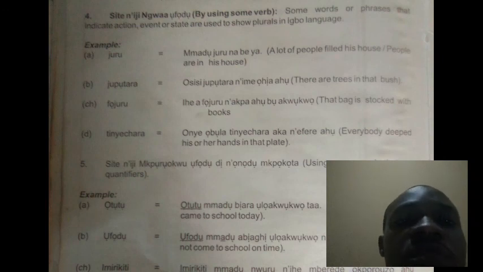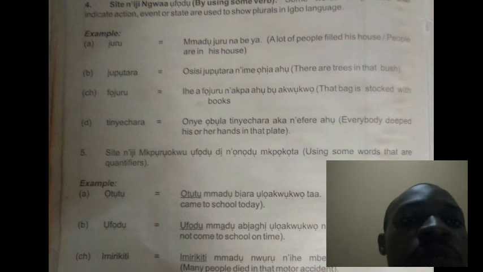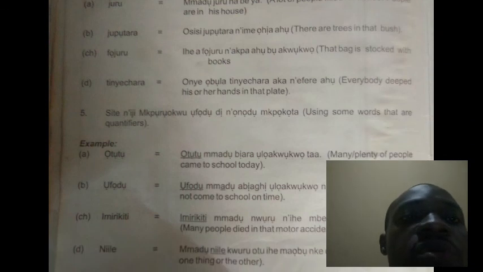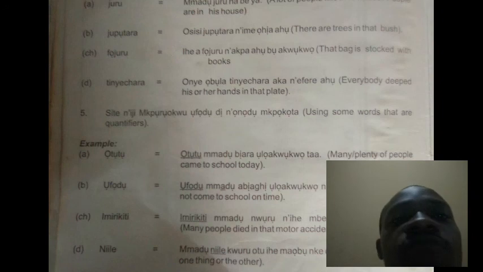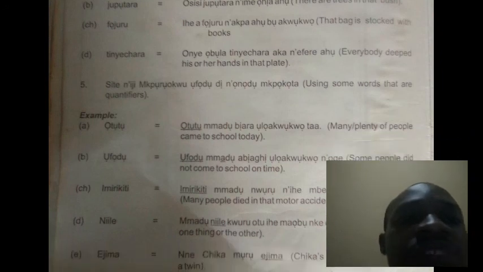The next one is fọjuru. Ihe a fọjuru n'akpa ahụ bụ akwụkwọ. Okay. Tinyechara, which means onye ọbụla tinyechara aka n'efere ahụ.